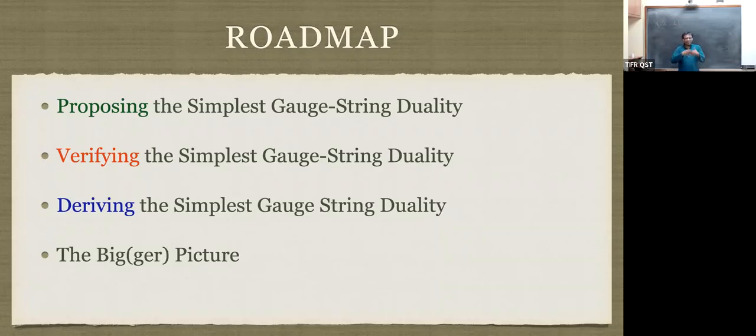At least, I think all the essential ingredients of the dual string theory we can see from the matrix integral. And then finally, I'll try to embed this in the larger AdS/CFT duality of N=4 SYM. That's the plan.